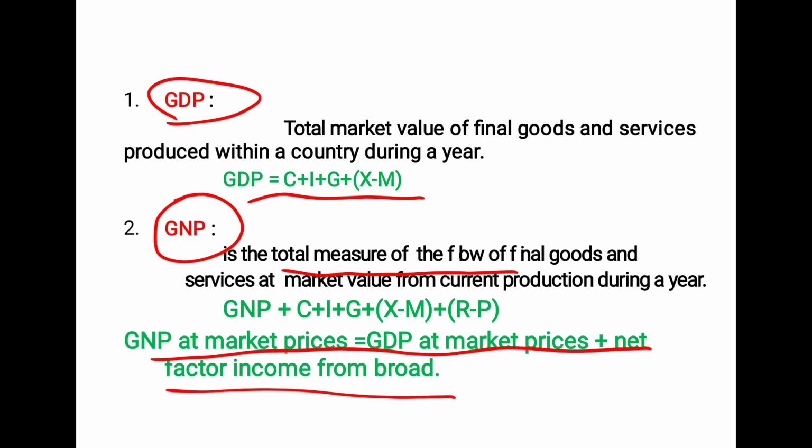So when we calculate gross national product, we are supposed to add the net factor income from abroad. So this is the GNP formula. It can also be written as GNP is equal to C plus I plus G plus X minus M plus R minus P.